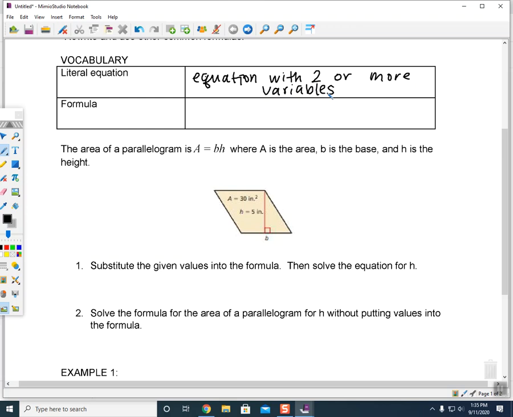If we're looking at the equation of a line, how many variables do we have? Lines are y equals something times x plus something else, right? So there's two variables. The equation of a line would be a literal equation.